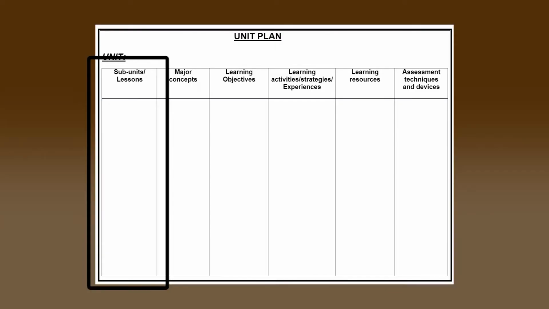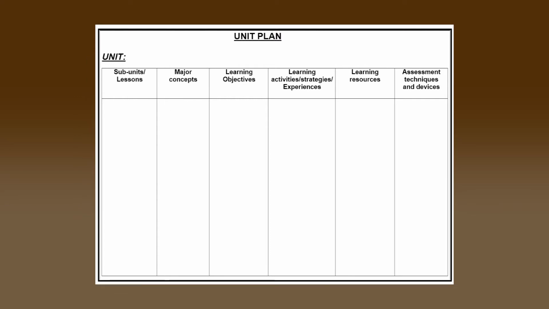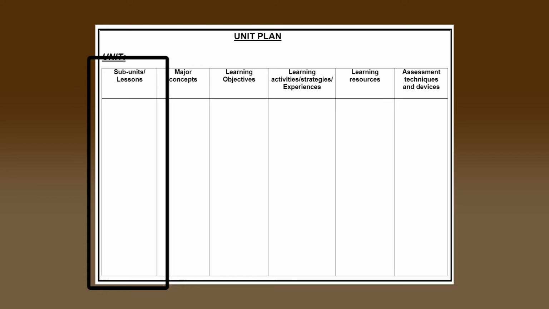Now, let us see how this unit plan has to be developed. As you have seen in the first column, it is expected that a student teacher has to highlight the subunits or the number of lessons he is going to carry out.